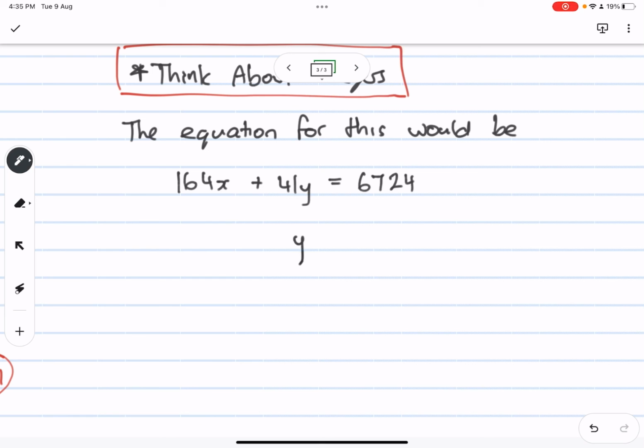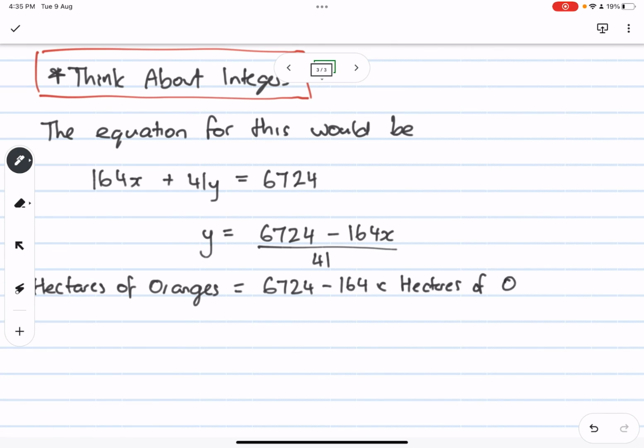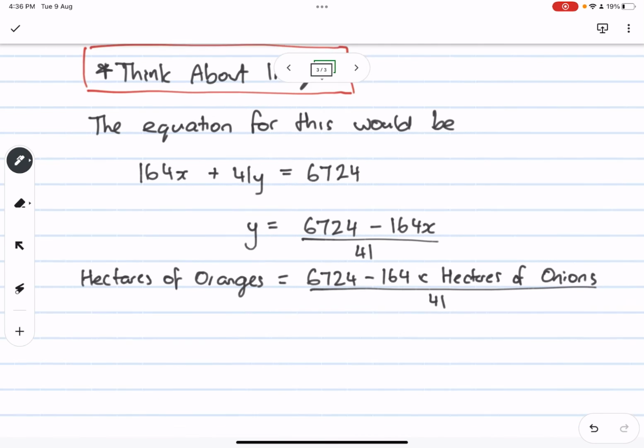If we rearrange that, we get y is equal to (6724 minus 164x) divided by 41. So the hectares of oranges, because that was the y, is equal to (6724 minus 164 times our hectares of onions) divided by 41.